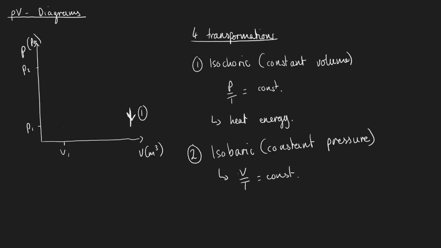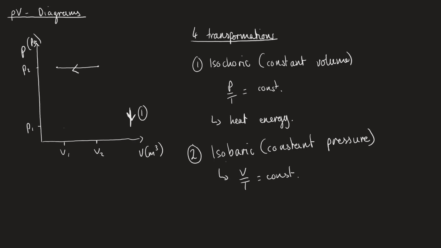So if I were to stick at one pressure and I want to get to a second volume, if I go this way, I know that I am expanding the gas, which means that the temperature must have increased. And if I am going this way, then I am compressing this gas, so the temperature must have decreased in order for this to happen.